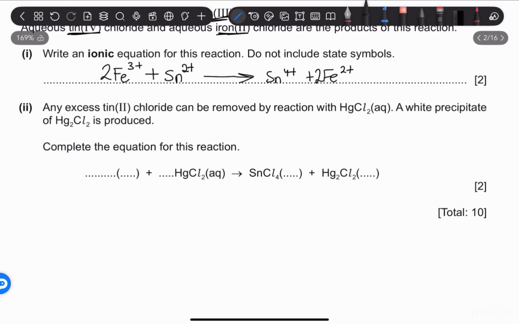What we have here is any excess tin 2 chloride can be removed by reaction with HgCl2, which is mercury chloride. A white precipitate of Hg2Cl2 is produced. Complete the equation. The first thing we have is aqueous tin 2 chloride, so I'm just going to put that there.